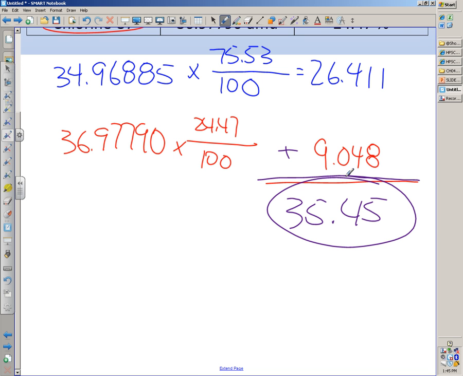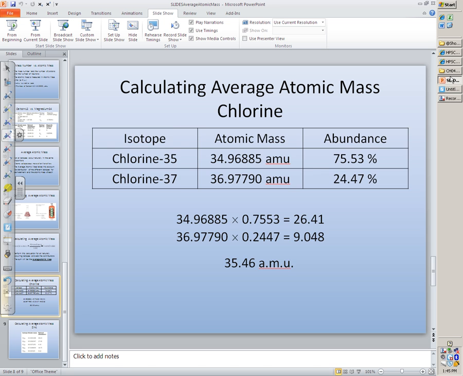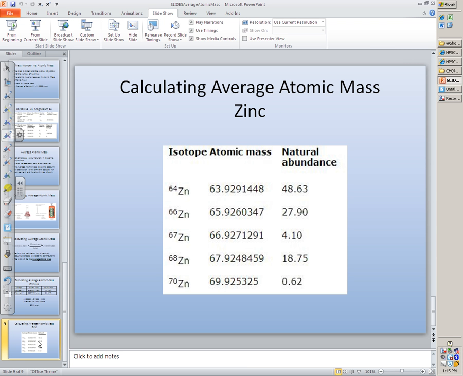All right. For this weekend, first, at the bottom of your outline, there's another set of data for zinc. How many isotopes does zinc have? 5. So you have to do that calculation 5 times.